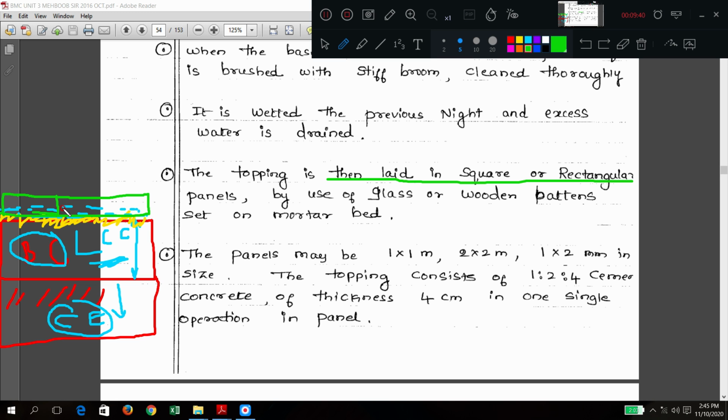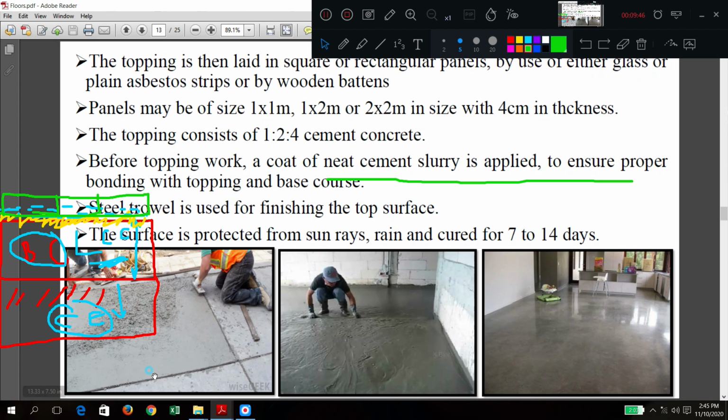It is constructed in rectangle panels. That panel diagram you can watch here. Here one panel, second panel. Panel type of construction is being made.